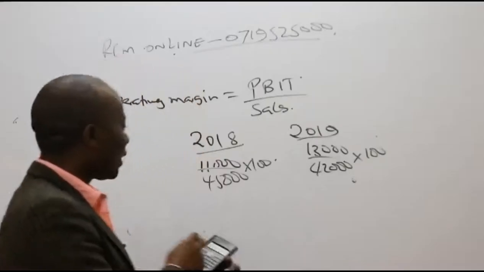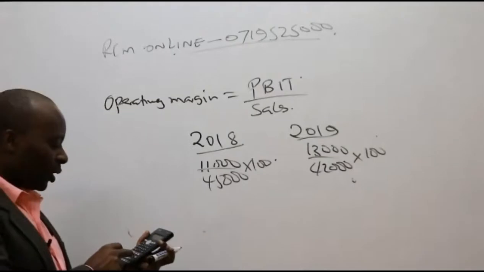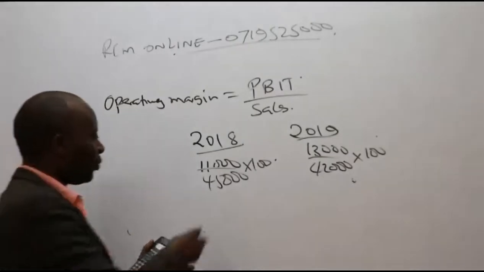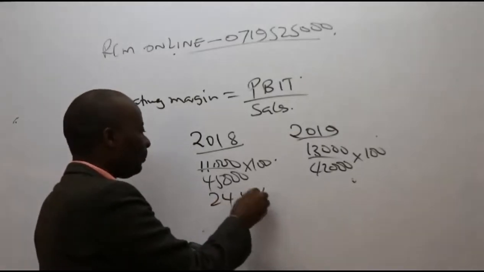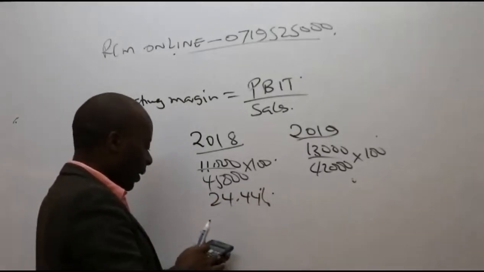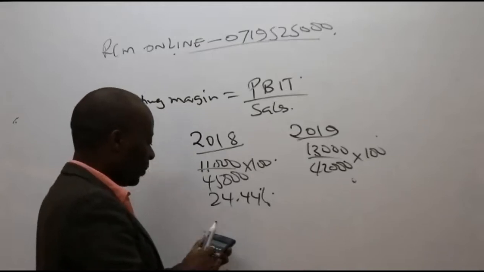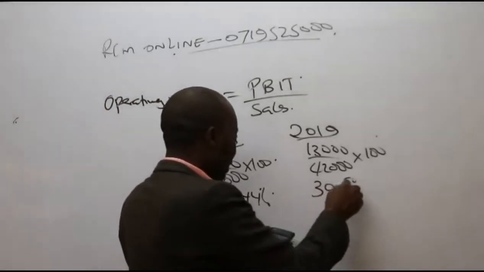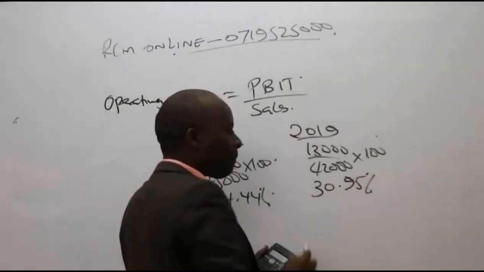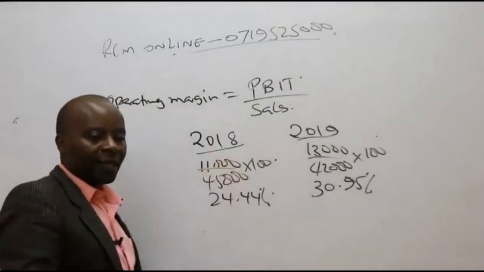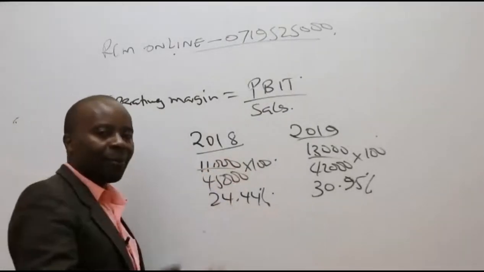If I do that, I end up getting 11,000 divided by 45,000 times 100, which gives me 24.44%, and 13,000 divided by 42,000, which gives me 30%. So in terms of operating profit, ladies and gentlemen, it shows improvement, that with time we are improving.